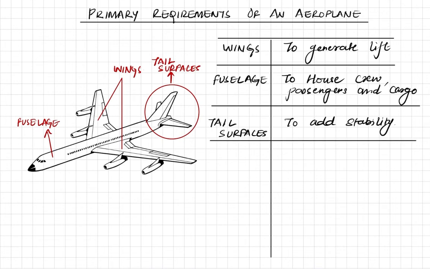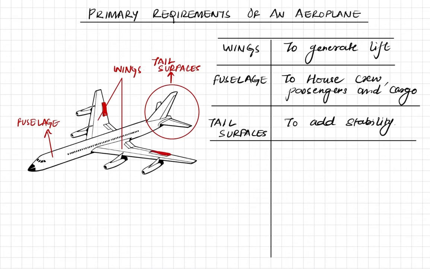The fourth requirement is known as control, and the corresponding components are called the control surfaces. Control surfaces are basically the surfaces that enable the pilot to change the direction or the position of an aeroplane during a flight. You can see here these are the control surfaces.